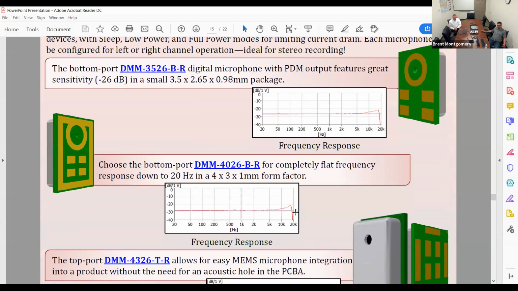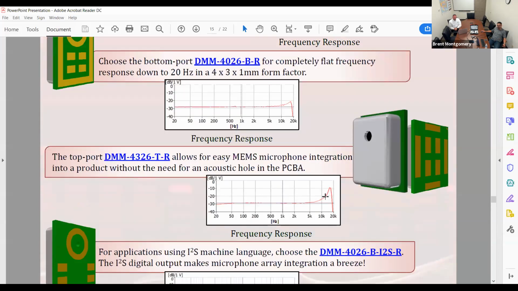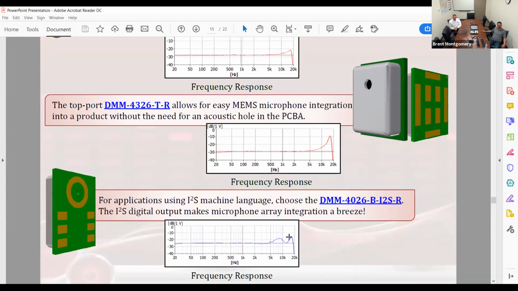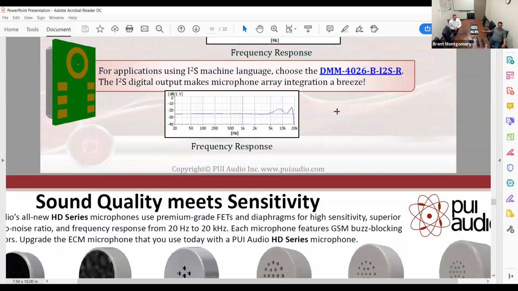So that's why you'll start to see these drop. The peak itself is usually caused by the sound hole loading the internal cavity. That's basically the tuning frequency of this particular device, if anybody was curious as to why these peaks are prevalent on the top firing especially.